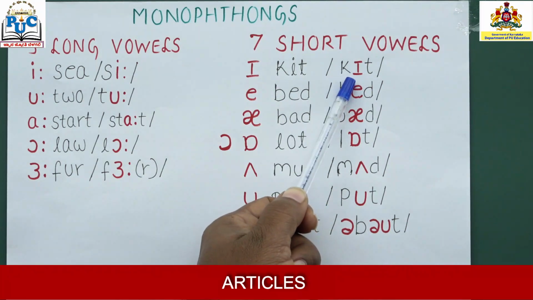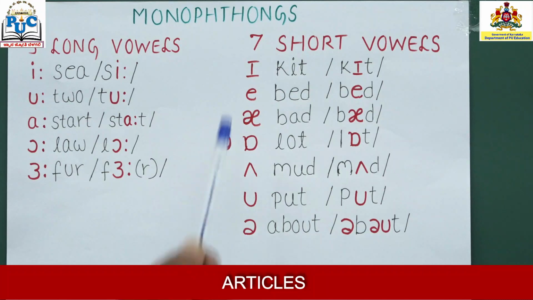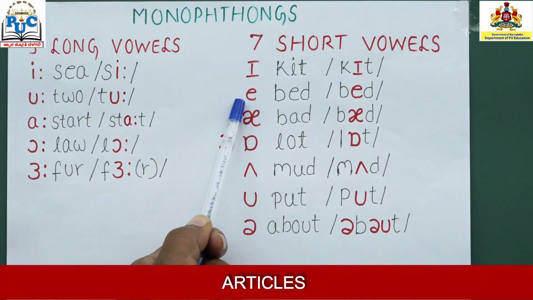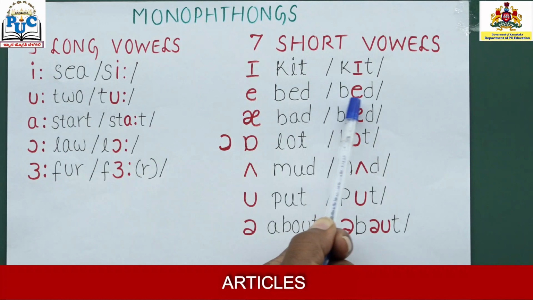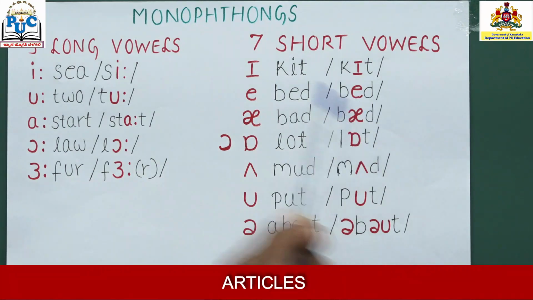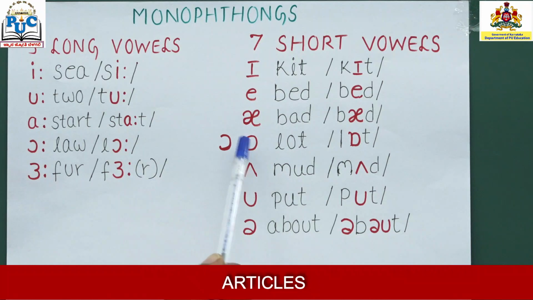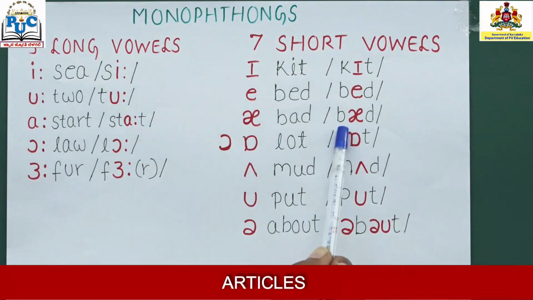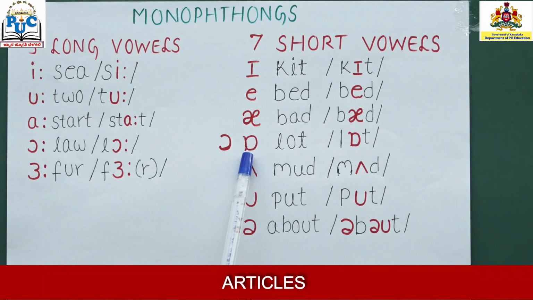This is not e, this is e, as in bed. This is a, as in bad. This is o, which can also be written like this, the inverted c, as in lot.